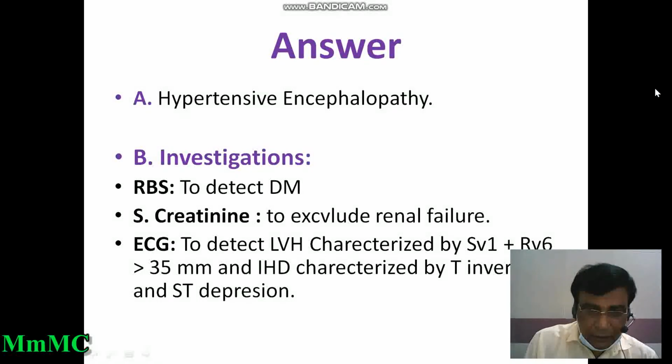The investigations are your random blood sugar to detect diabetes mellitus, serum creatinine to exclude renal failure, and ECG to detect LVH, which is characterized by S in V1 and R in V6 more than 35 millimeter, and ischemic heart disease characterized by T inversion and ST depression.